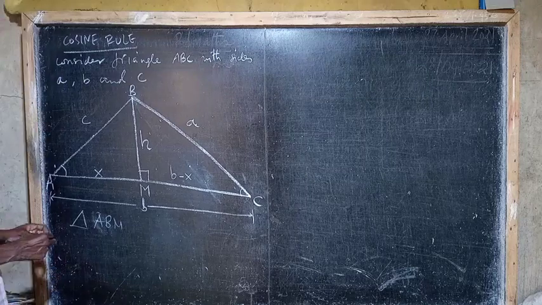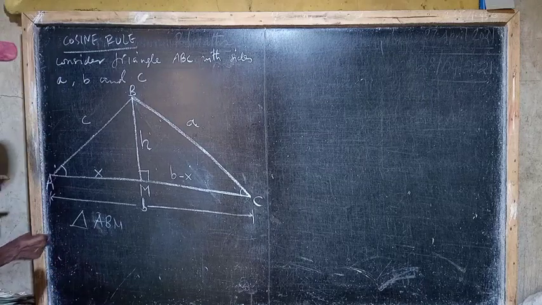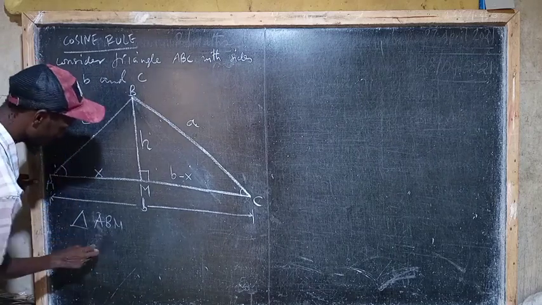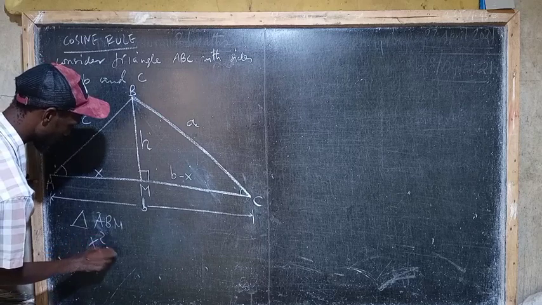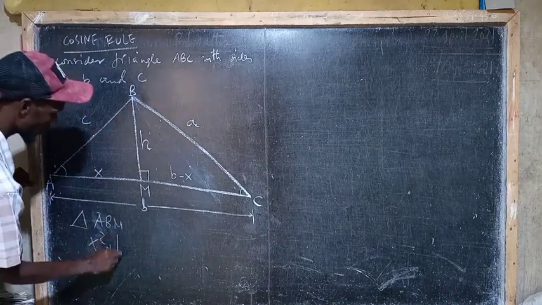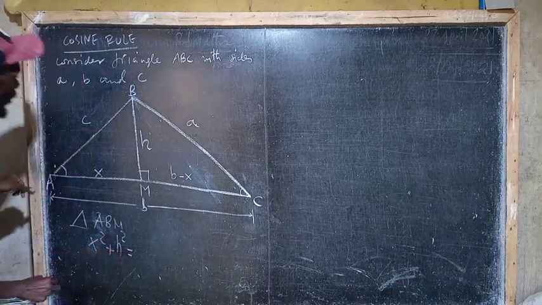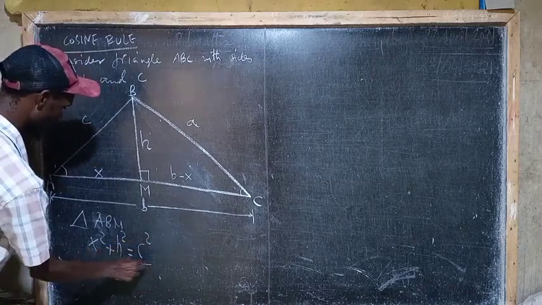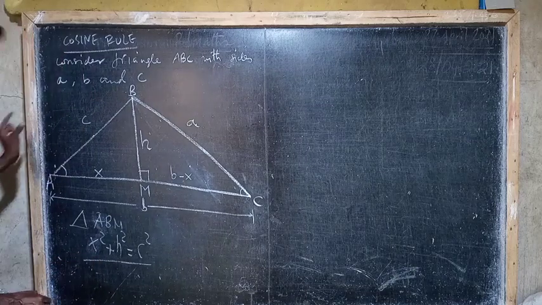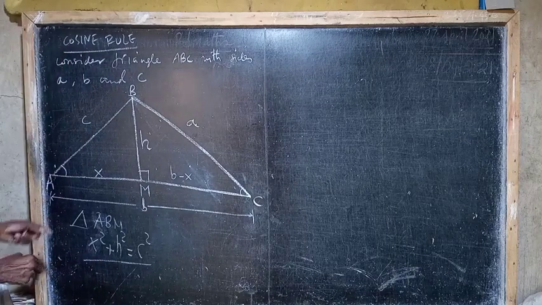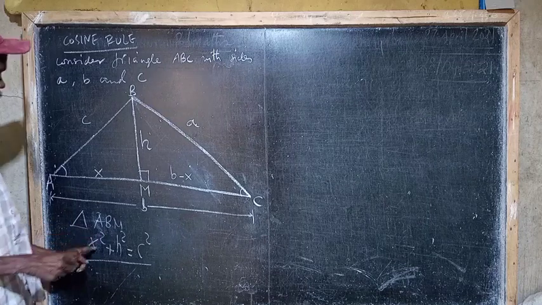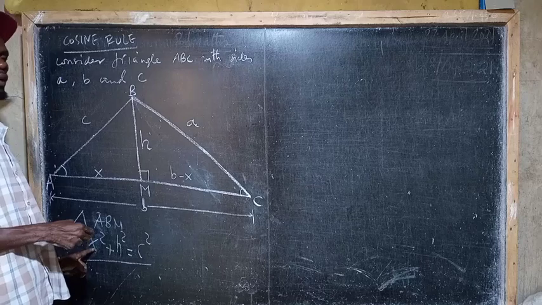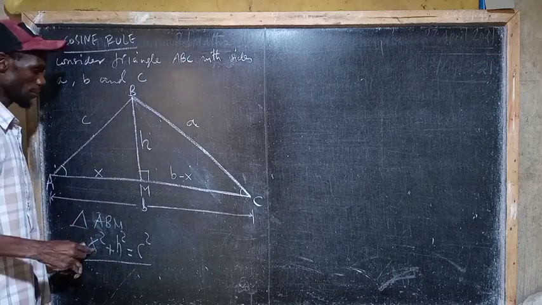By using Pythagoras' theorem, this is X squared plus H squared, which is equal to C squared. This is what I have obtained by using Pythagoras' theorem. You may refer to the video about Pythagoras' theorem that was taught earlier.